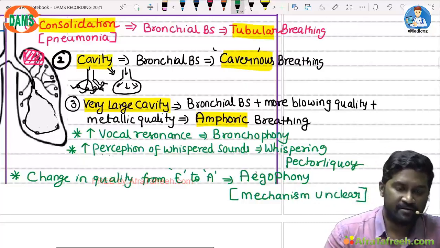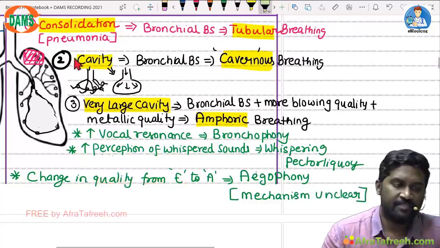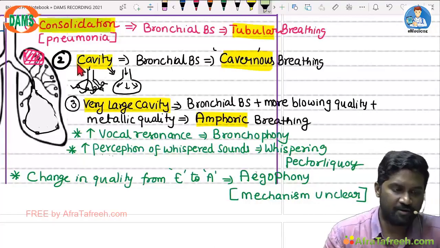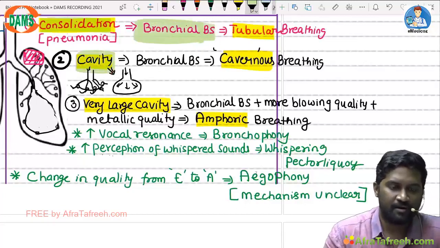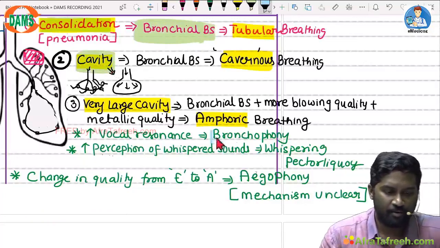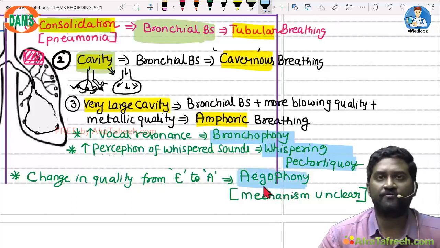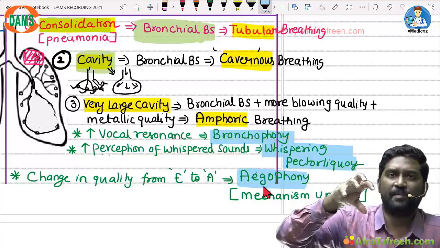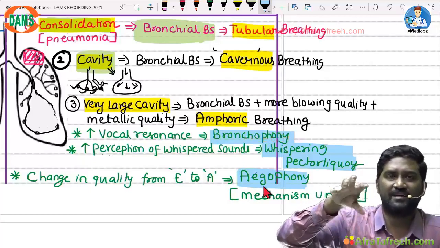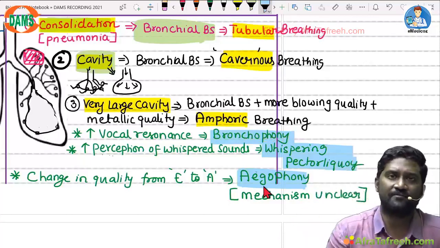Whenever, students, there is consolidation or cavity, apart from the bronchial breath sound, you can also expect bronchophony, whispering pectoriloquy, egophony. What does the presence of these indicate? It indicates there is a part of lung which is conducting sound very effectively.